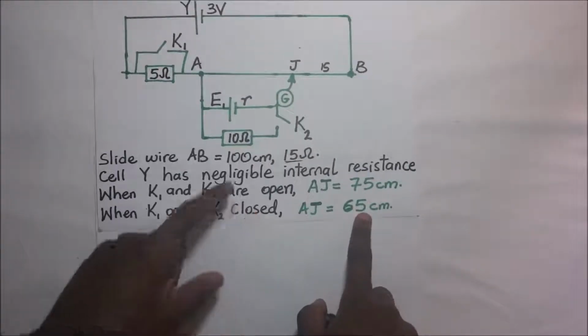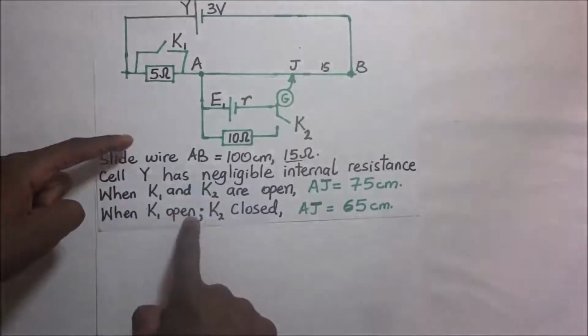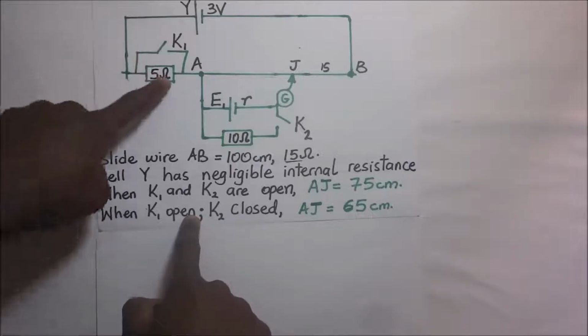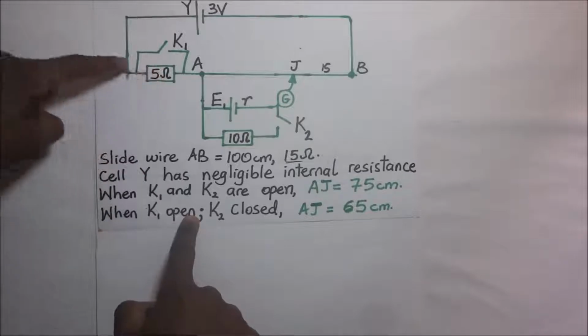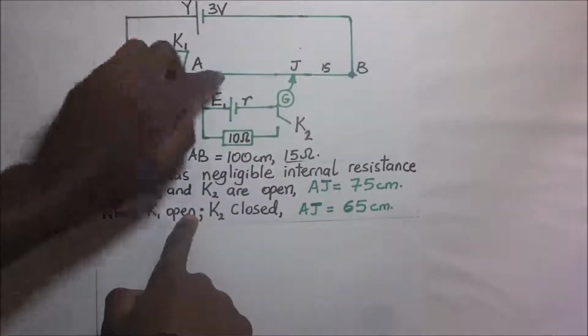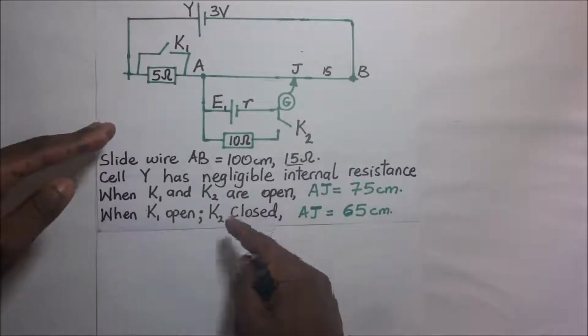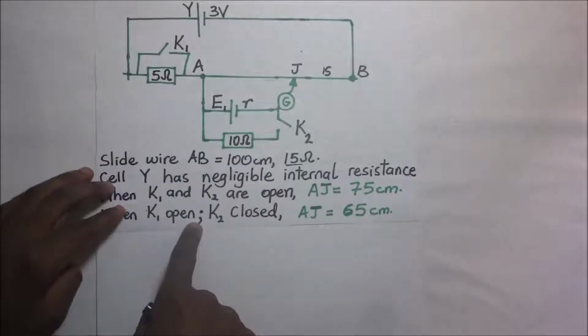The 65 centimeters we are talking about, AJ, is the balance length when K1 is open. Of course, when K1 is open, it means that the 5 ohm resistor is still in the primary circuit, and so the PD per unit length is still the same as before, because even in our previous part, K1 was still open.